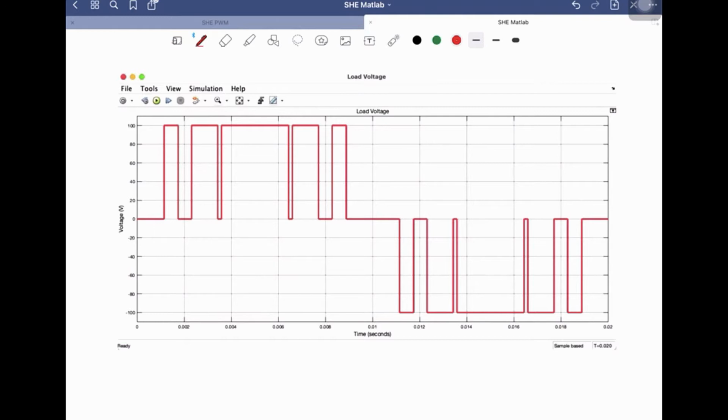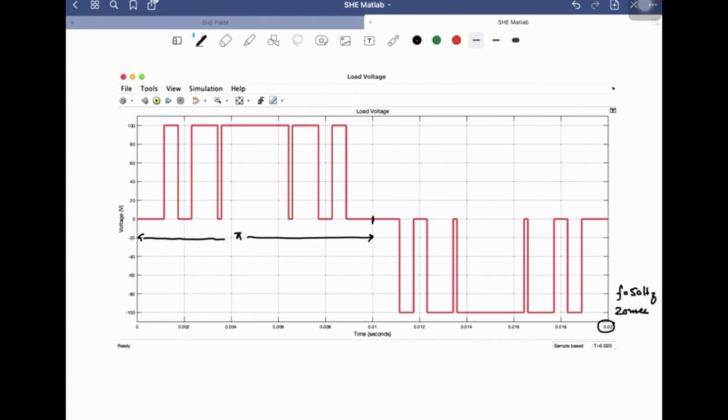So we will have to introduce 5 notches in the output voltage waveform. I have assumed the time period of 0.02 over here, that is 20 milliseconds, which corresponds to the frequency of 50 Hz. So this is the half time period. In terms of angle, you can say this is pi.